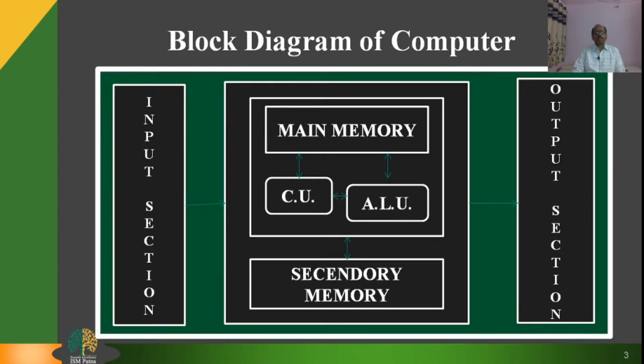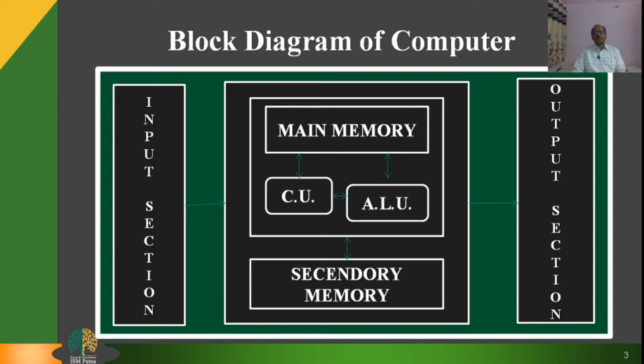Here you observe that from the input section something goes to the processing unit, and the processing unit contains memory, I mean both types of memory, main memory and auxiliary memory, or you may say primary memory and secondary memory, control unit, arithmetic logic unit.